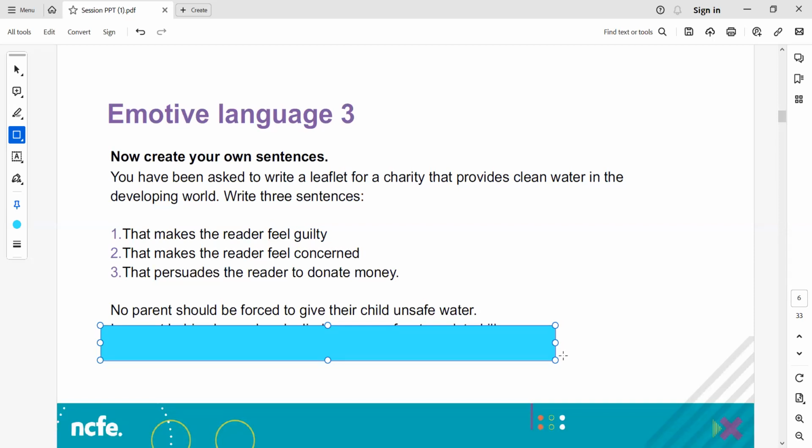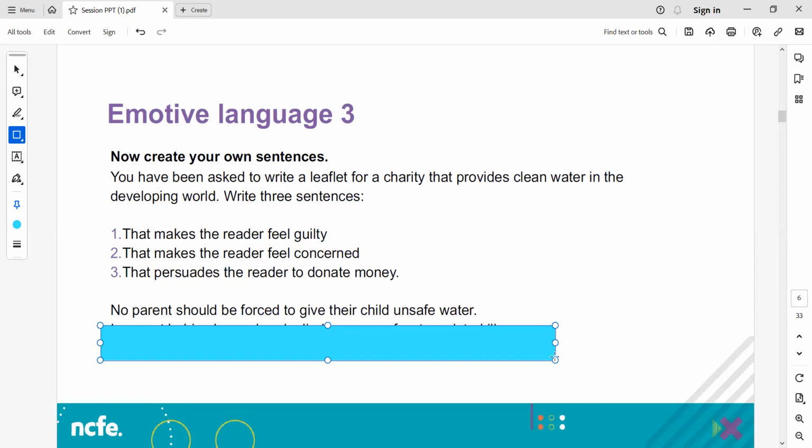So, that parent is not having a choice. They've been forced. So that's emotive language that's been used. Unsafe. So the parent hasn't got a choice but to give their child unsafe water. So it's very emotive.